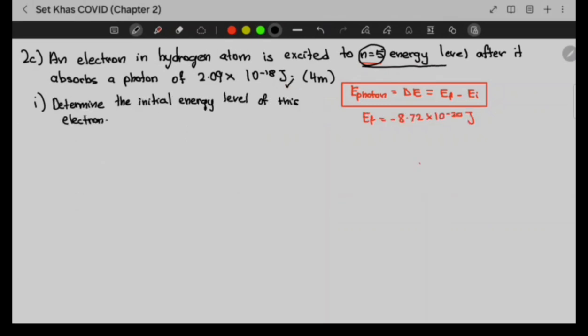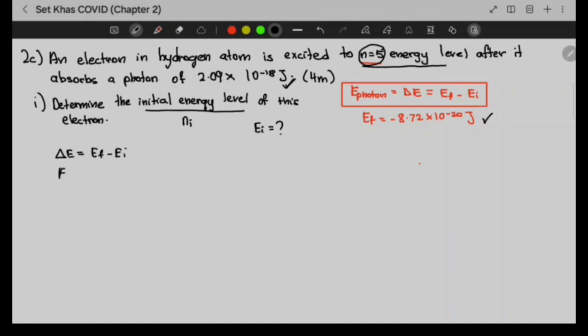So the next question says that we need to determine the initial energy level of this electron, the Ni. But before that, we don't have the initial energy, but we can find it as we have the final energy and the difference in energy. Difference in energy equals the final energy minus the initial energy.